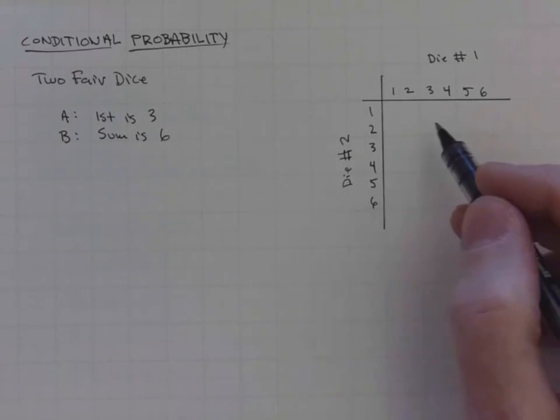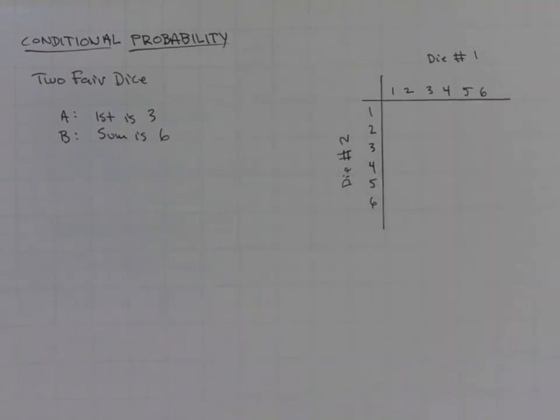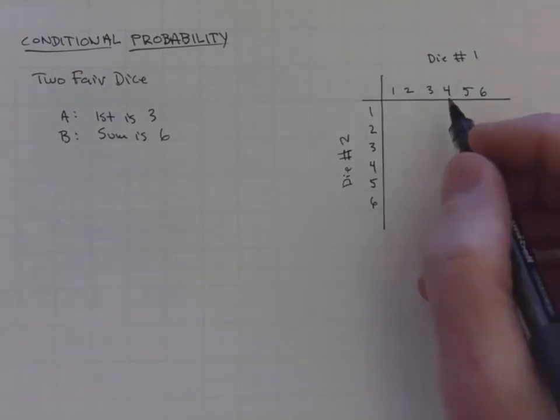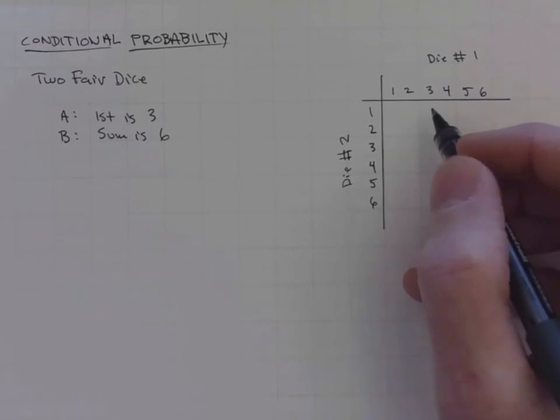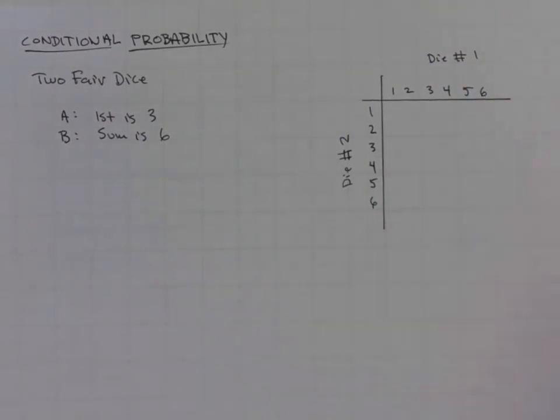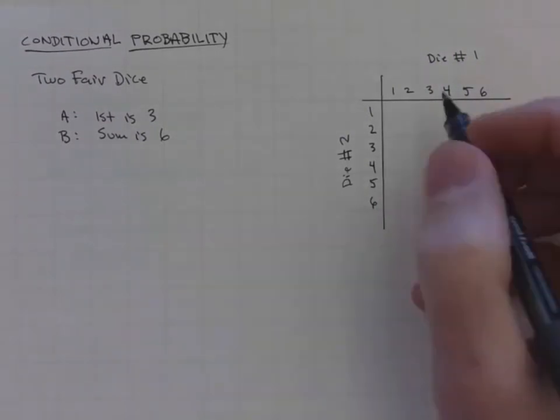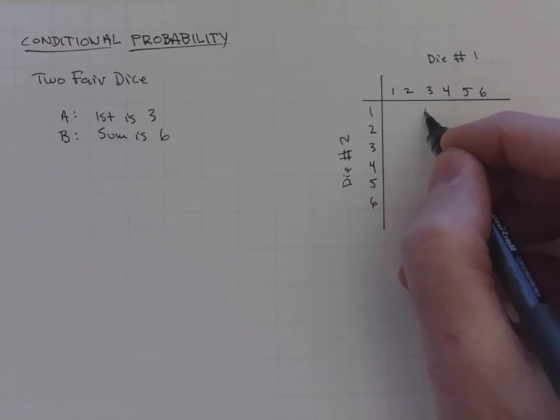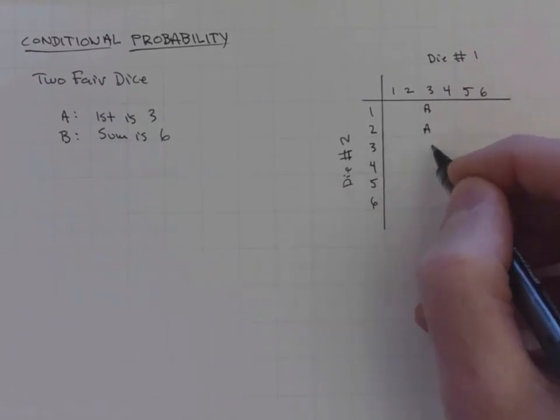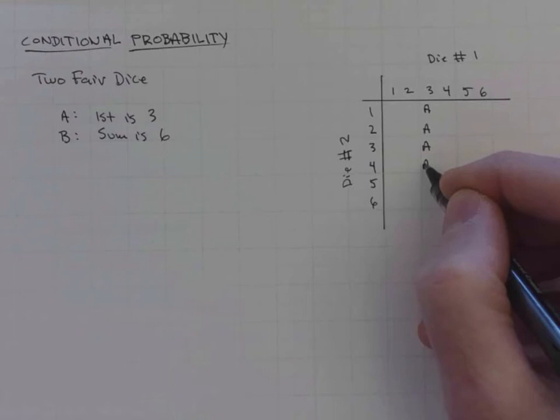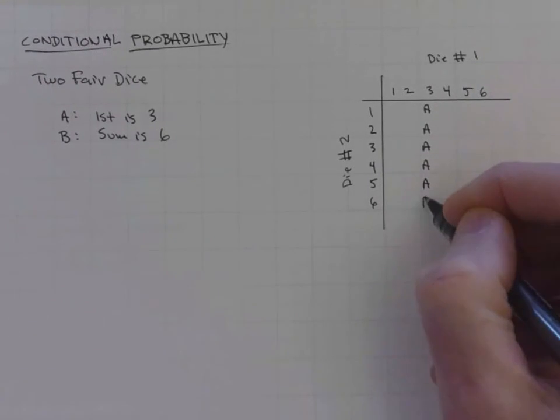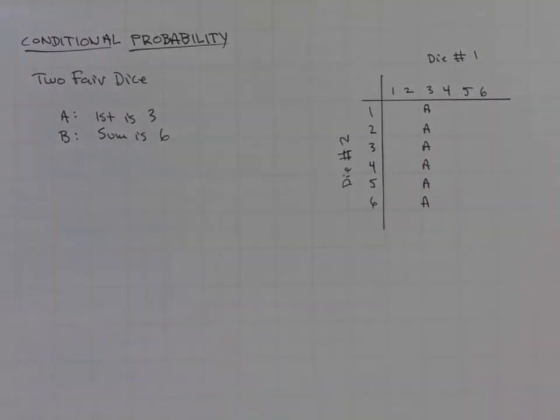And if we take a look over here, it's sort of a structure for the sample space. We don't need to fill in all the totals. We know that among the 36 outcomes, there are 6 that involve the first die being a 3, and they are these. And so I'll label those cells with an A, just to get us organized a little bit.